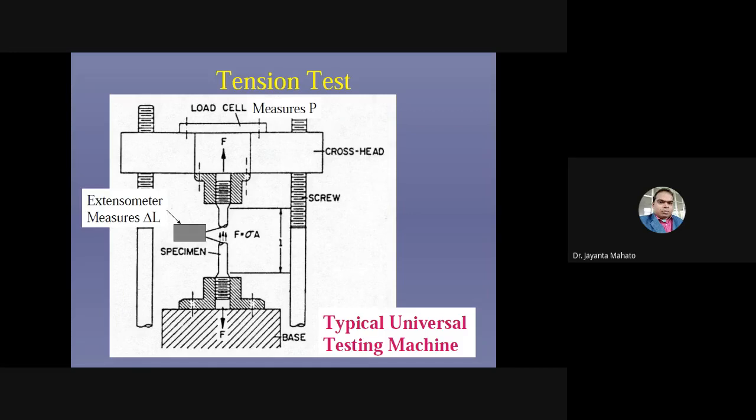So you can directly give the control input that the test be performed at some percentage per unit time. Suppose 1 percent per second, so the specimen will stretch only 1 percent per second.